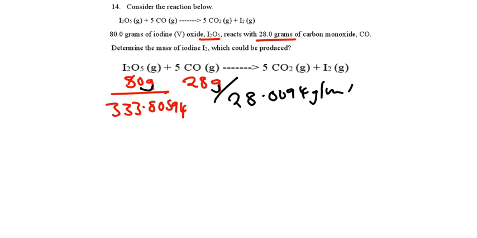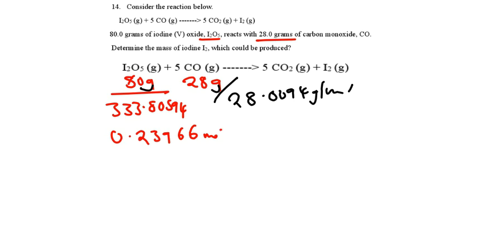That should now give us the number of moles. Grab your calculator and start dividing. 80 divided by 333.80594 is 0.23966.